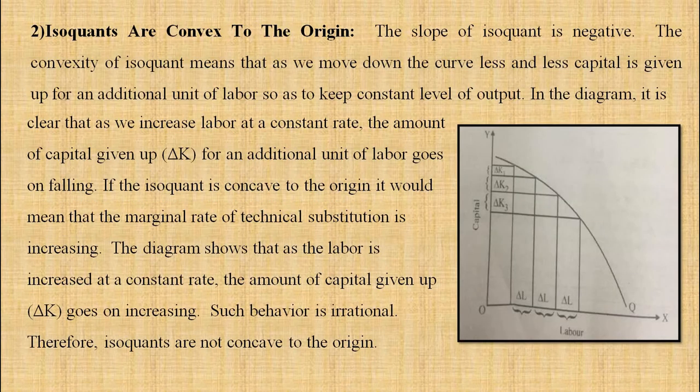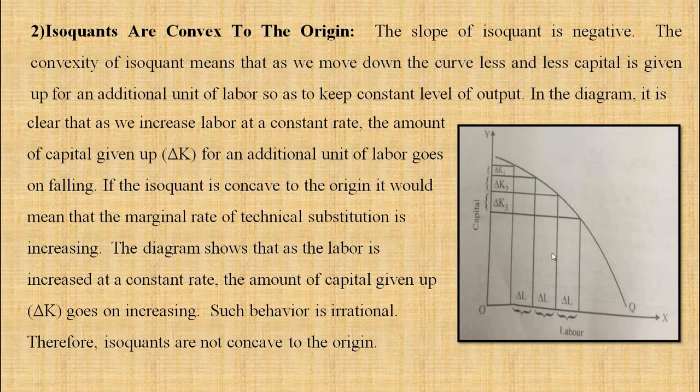Second, isoquants are convex to the origin. The slope of isoquant is negative. It is not upward sloping, it is downward sloping. The convexity of isoquant means that as we move down the curve, less and less capital is given up for an additional unit of labor.